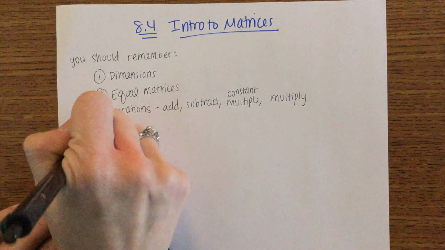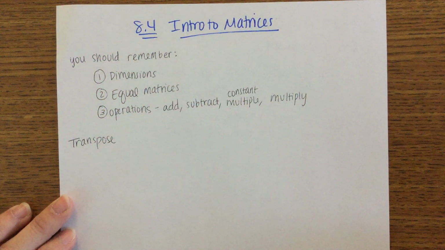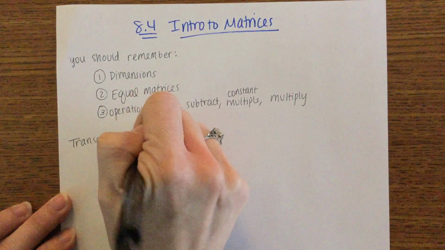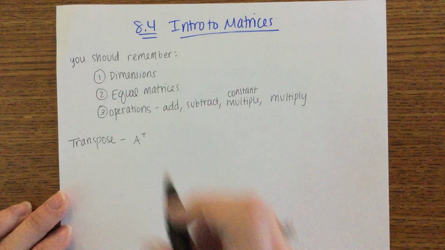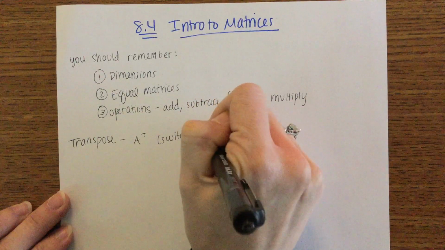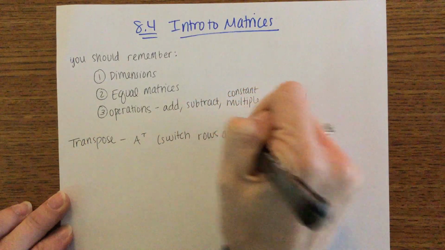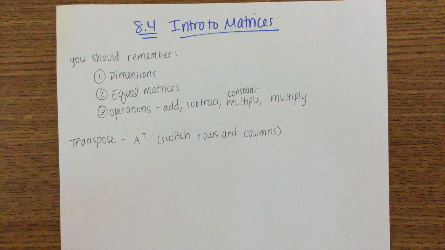One thing I believe you've learned, I think, but probably don't remember, is the transpose of a matrix. So a matrix like this. Do you know what transpose means? Kind of. You switch the rows and columns. We're going to do an example.